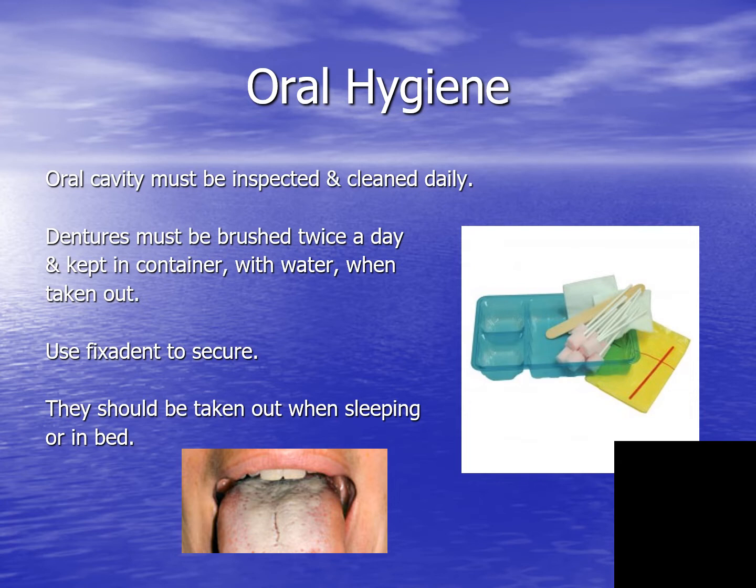Okay, you can use a spatula, the tongue depressor, to inspect the mouth, and then this can just be swabbed around. You can put mouthwash in here, diluted, to help cleanse the mouth. Always use something like Fixodent to secure the dentures into the mouth, and it's very important this happens every day.